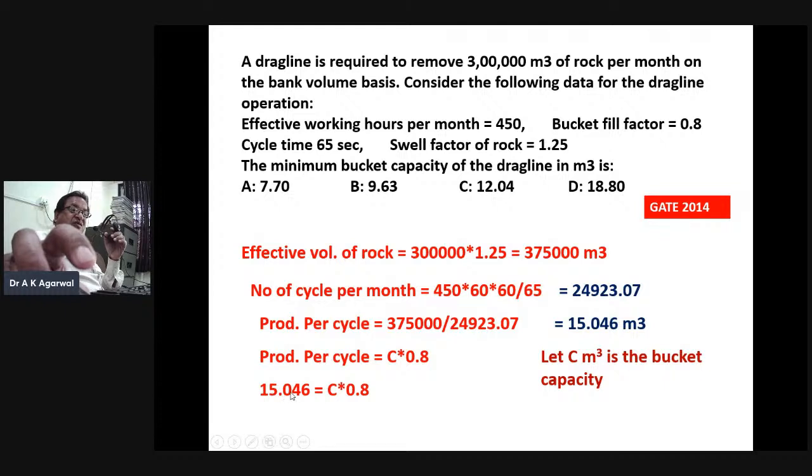So 15.046 is equal to C into 0.8. So you will get C is equal to 15.046 divided by 0.8. This becomes 18.8 meter cube, the answer. Because the minimum bucket capacity of the dragline in meter cube is 18.8 meter cube.